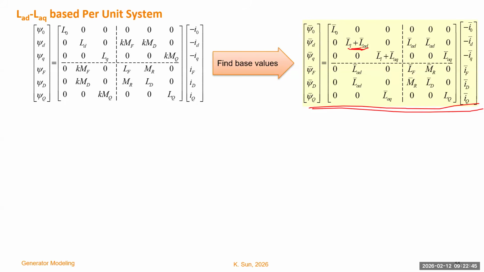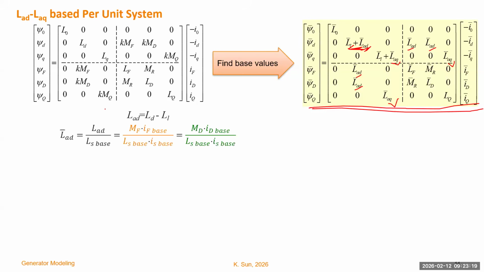So this item is actually the sub inductance, and this one is the leakage inductance, and this item is the mutual inductance coupling the stator winding. And we hope this one to be equal to the other mutual inductances involving the stator windings in D axis, and in Q axis we have the same mutual inductance also. So that largely simplifies the inductance matrix.